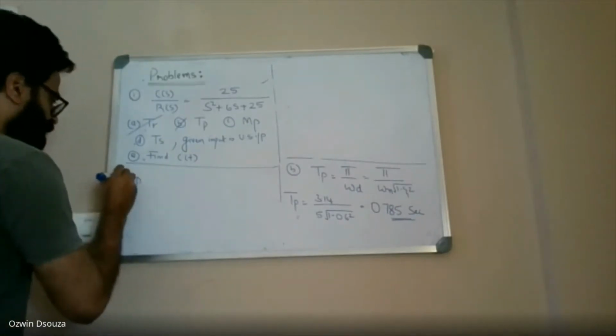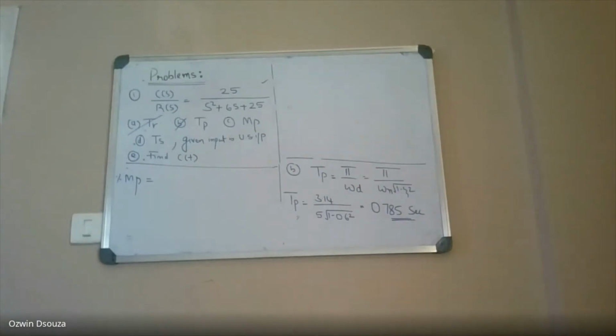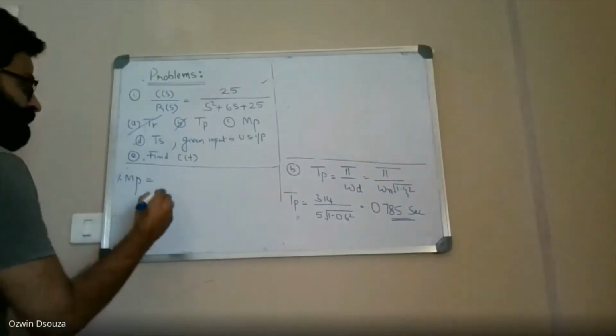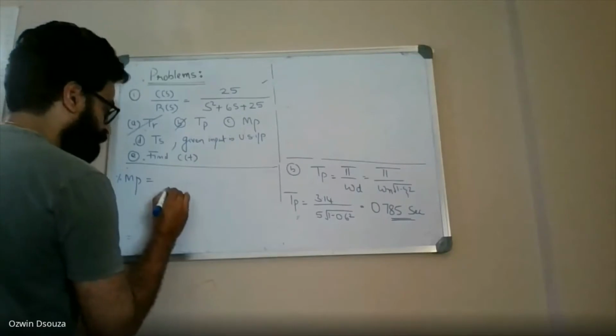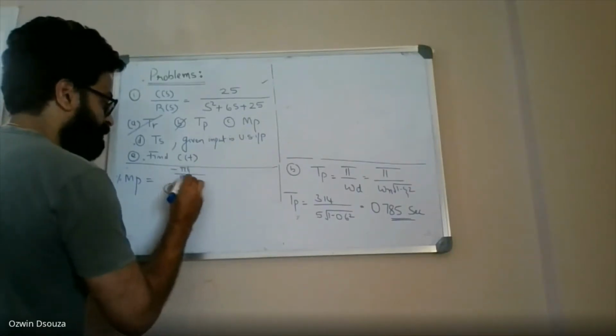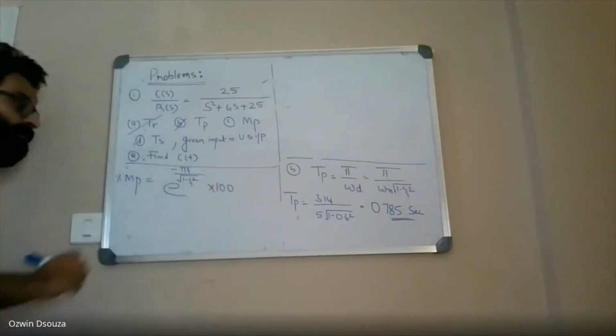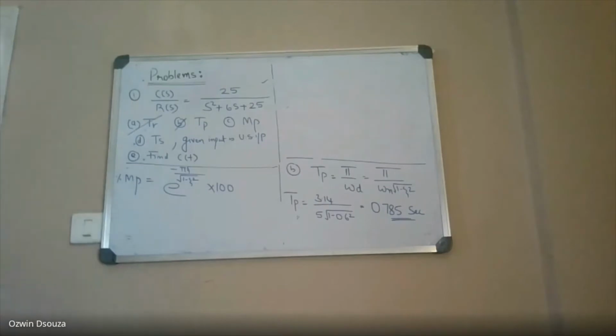So MP, as I was mentioning previously, we will find out percentage MP. Percentage MP is e to the power minus pi zeta divided by under root 1 minus zeta square, into 100, right? Percentage basis we are trying to keep.